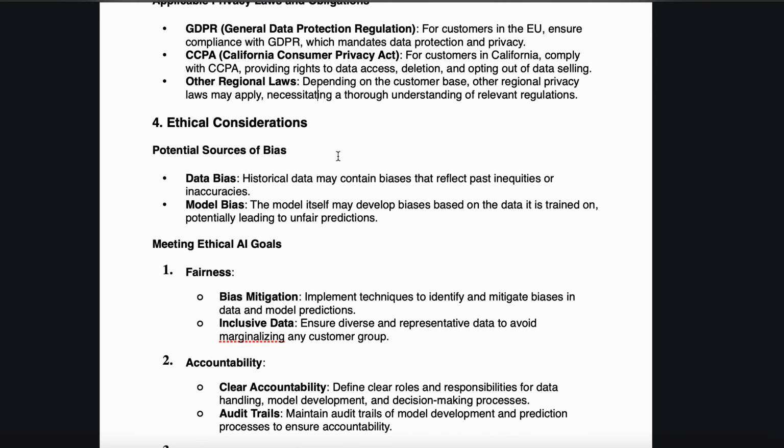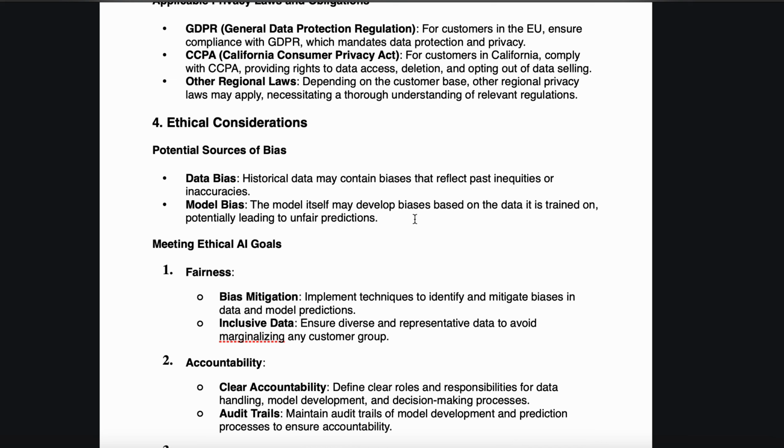So, moving on to the last section, which is the ethical considerations. We look at potential sources of bias. So, historical data may contain biases depending on the transactional patterns at that time. The model itself may develop biases based on the data it is trained on.